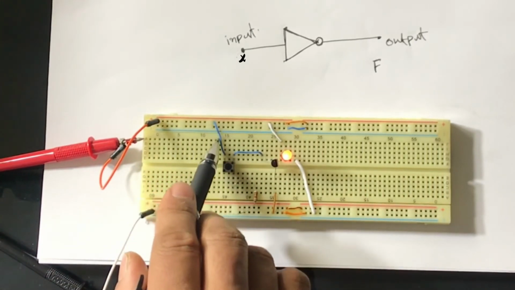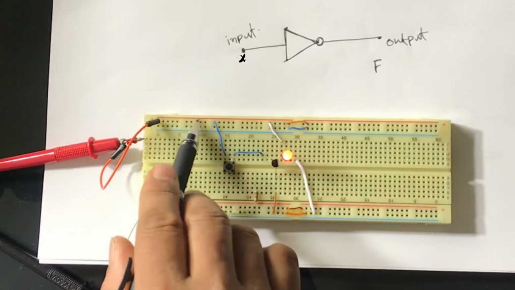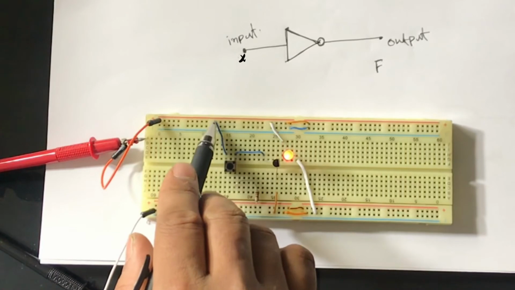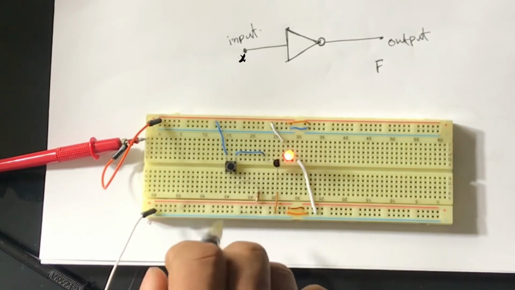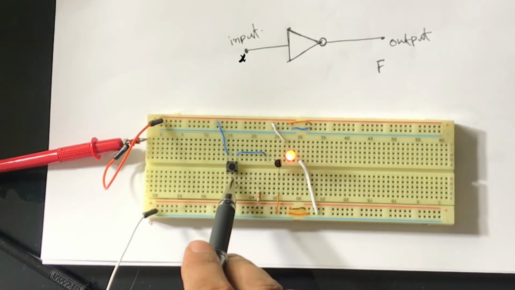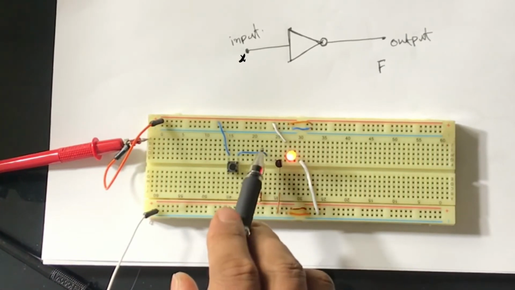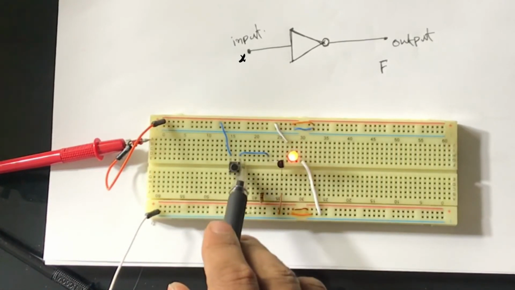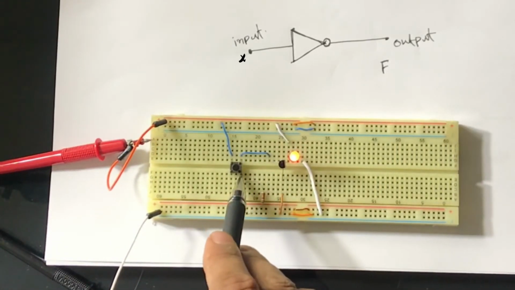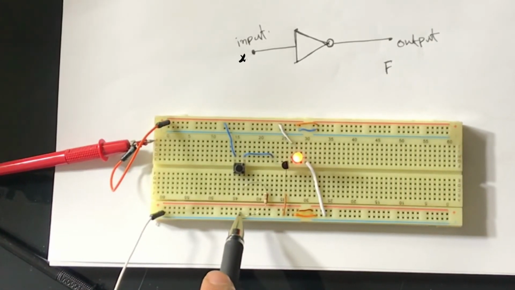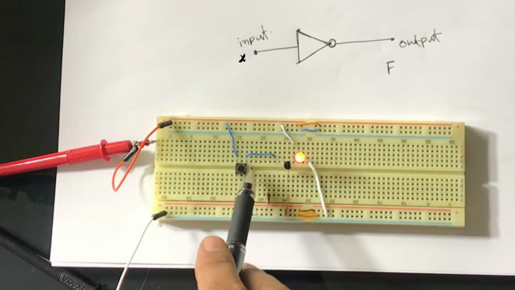That means this will connect directly to the positive power supply. Now I can say that this is currently 0, because the base of the transistor is connected to the ground through the switch. So now this is connected to 0.